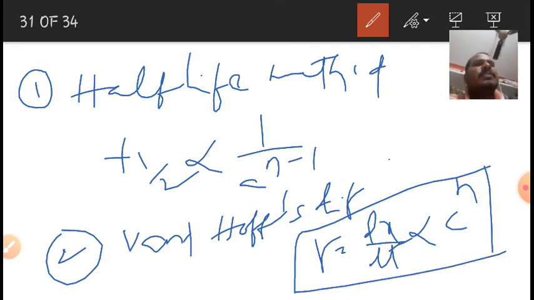From these relationships, we can calculate the order of a reaction.